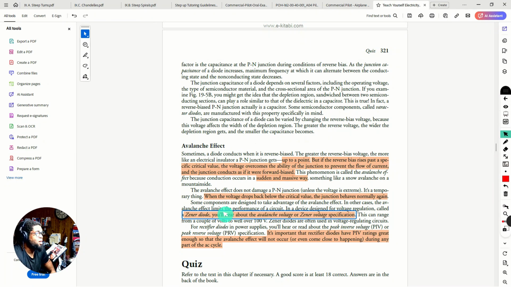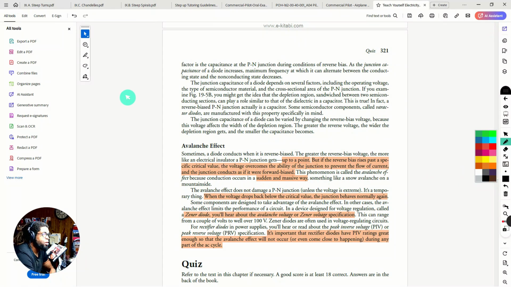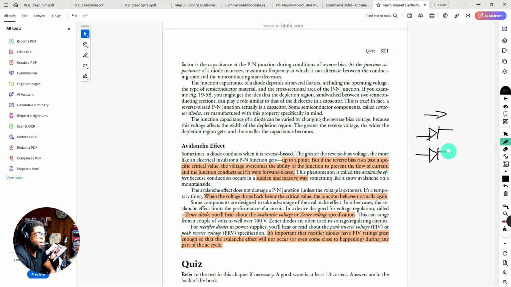So basically what he's saying here is that, as in the illustration I had earlier of the diode wanting to be forward biased in that direction, if we had current coming in the other direction, ideally it gets blocked, but that's only to a certain point.